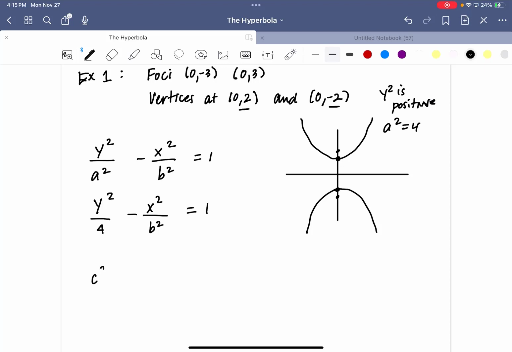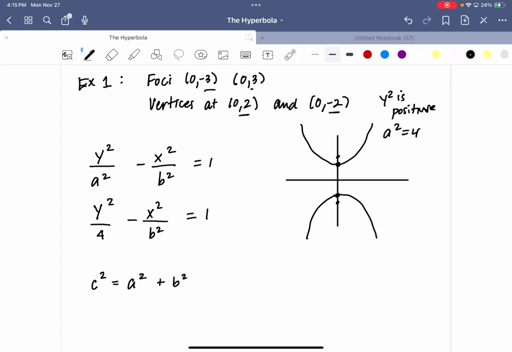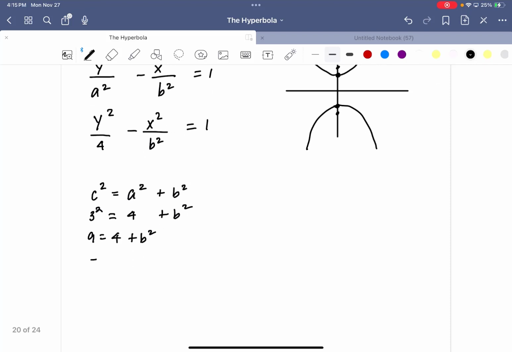We know that c squared is a squared plus b squared, and we know both of our c's, -3 and 3, so that's going to be 3 squared, or -3 squared, but let's just do the positive. And we know a squared is 4, so that's plus b squared. So that's 9 equals 4 plus b squared, or 5 equals b squared.